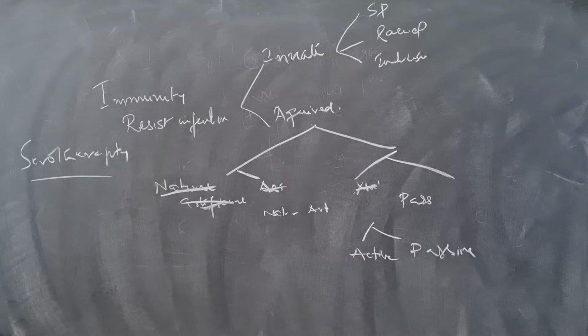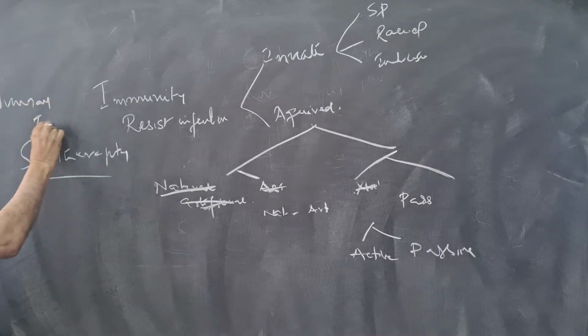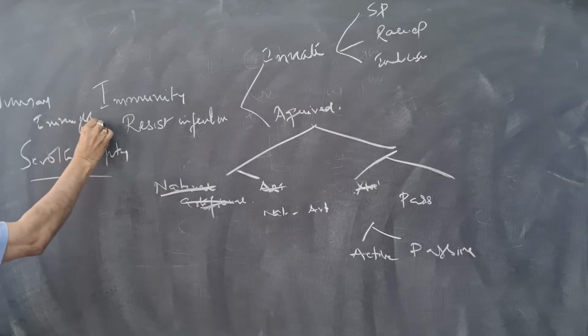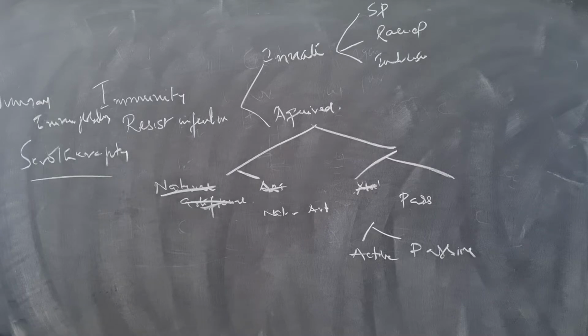Passive immunity is also given by human immunoglobulin, where preformed antibodies are administered directly. When you inject an active vaccine, there is a production of antibodies.